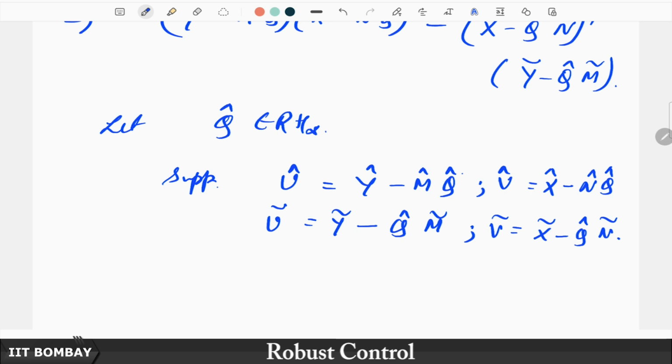Okay. So, we define these variables in this manner, suppose, right.